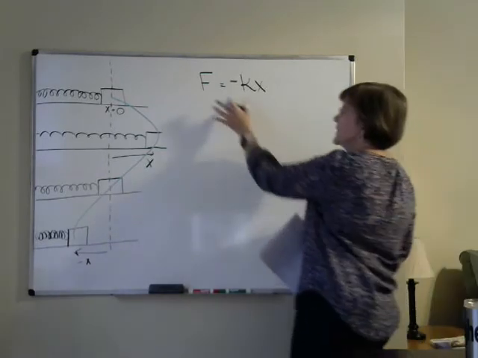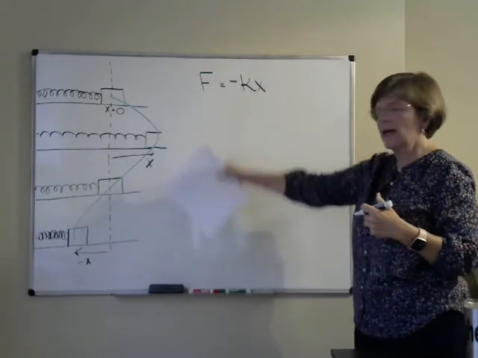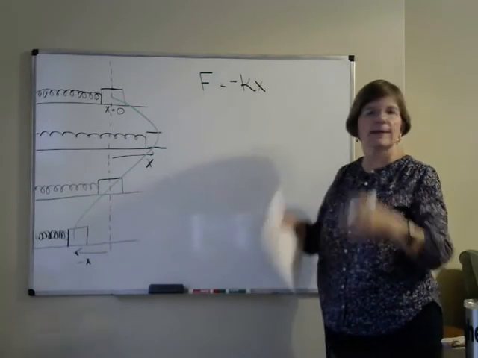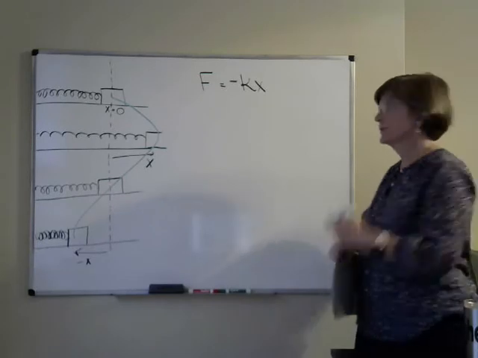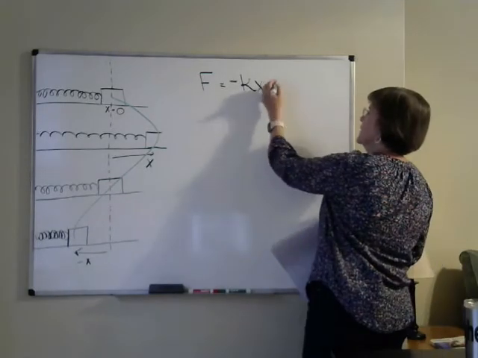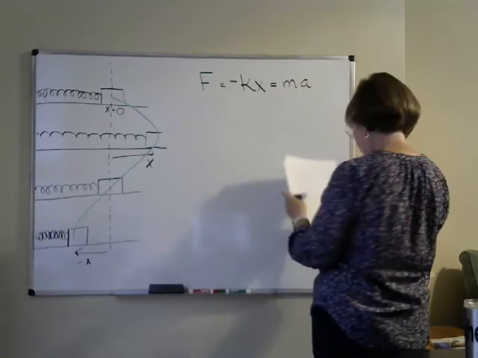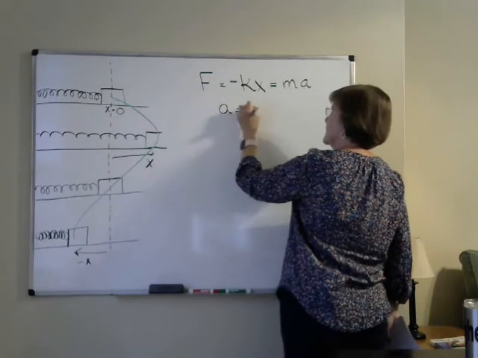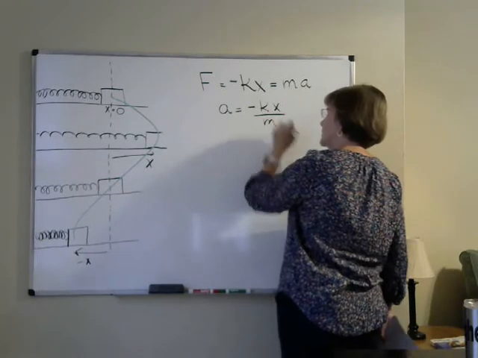But we know if this is the only force, if we have a situation like this and we say there's absolutely no gravity, or if it's a hanging spring and we say there's absolutely no air resistance, no non-conservative forces, no energy loss, then this has to equal the mass times the acceleration. And we see that our acceleration is equal to negative kx over m.